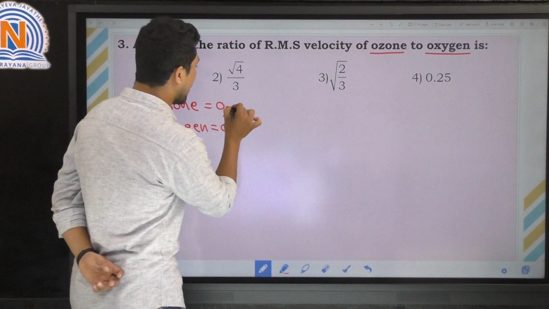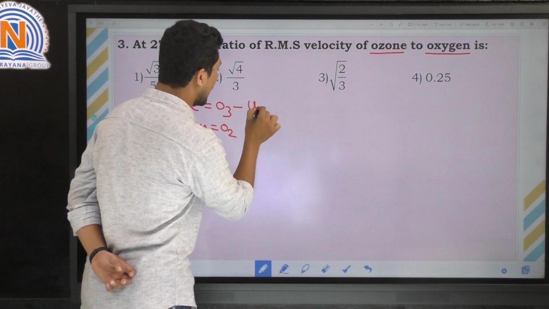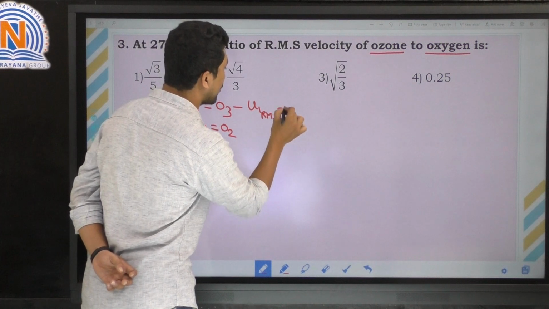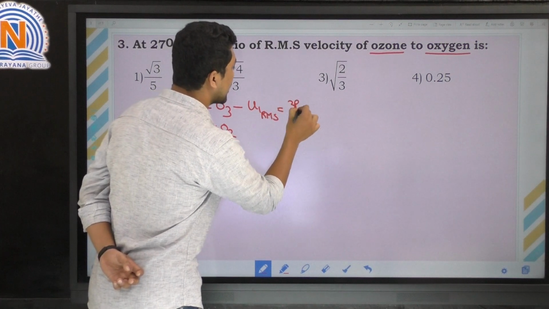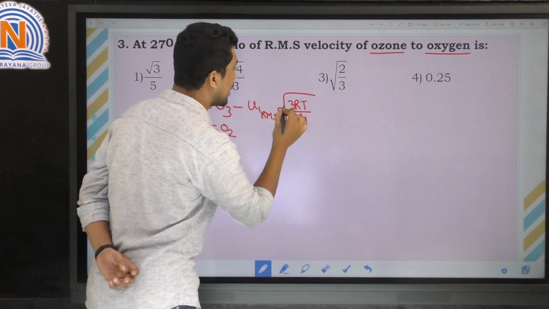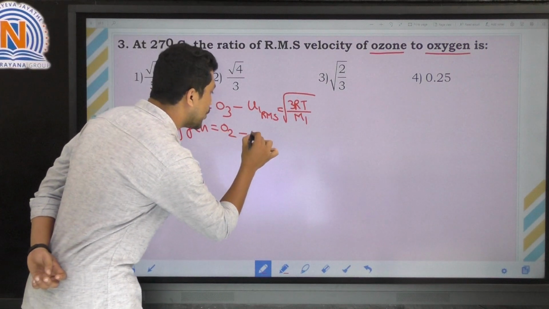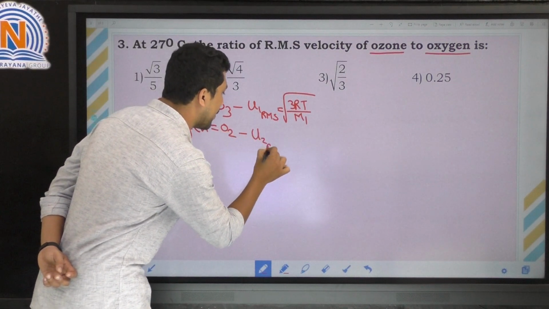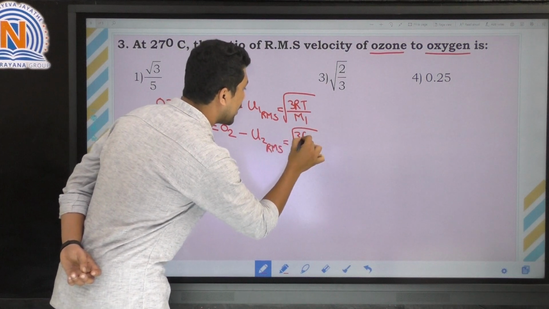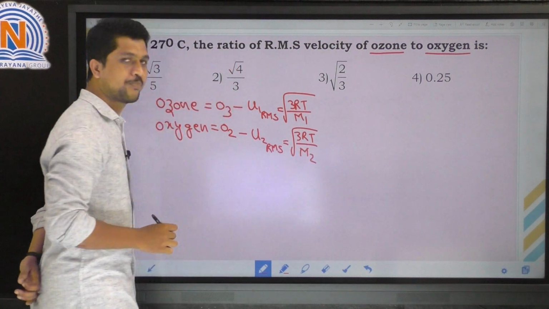So for ozone, u1 RMS equals root over 3RT by M1. The molar mass changes from one gas to another. So here u2 RMS equals root over 3RT by M2. Clear?